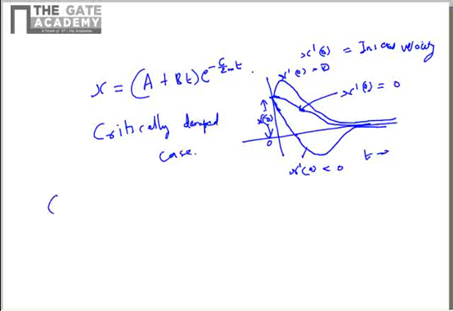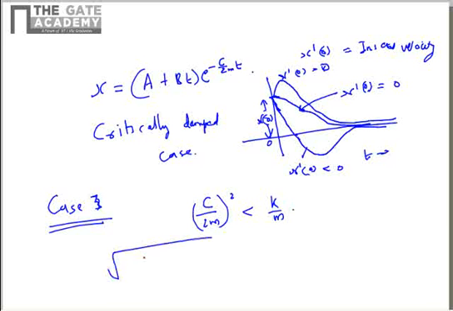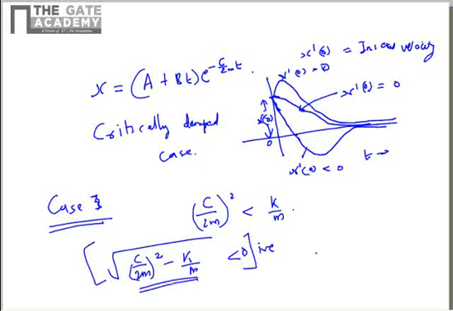Now we will move on to case 3, that is of interest for the damped oscillation, where you really see the oscillation. In this case, (c by 2m) whole square is less than k by m. So the factor inside the square root that you see, (c by 2m) whole square minus k by m, becomes negative. So this expression is negative.